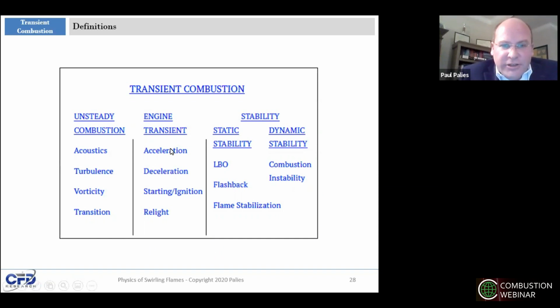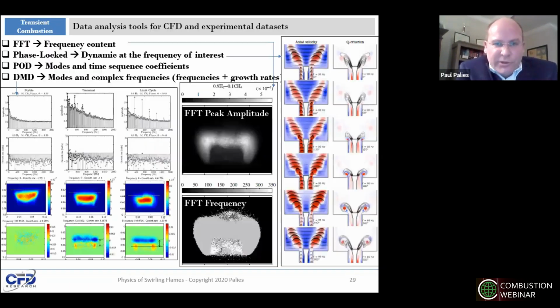We have engine transients, where we have acceleration, deceleration, starting, ignition, and relight. And we have stability, including static stability and dynamic stability. Dynamic stability is combustion stability. Static stability is LBO, lean blow-off, flashback, and flame stabilization. So we will look at LBO.